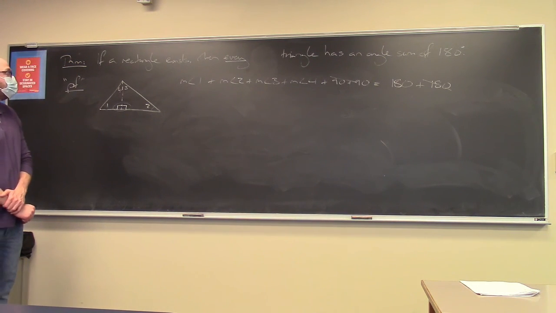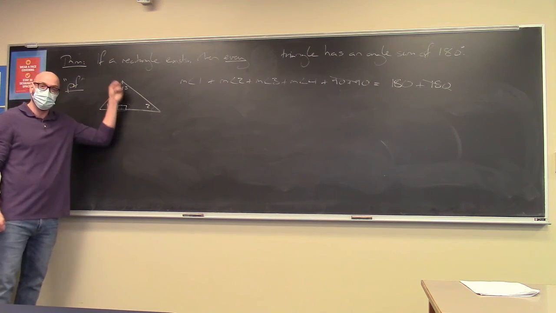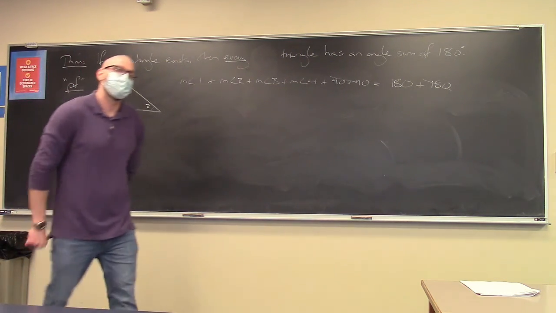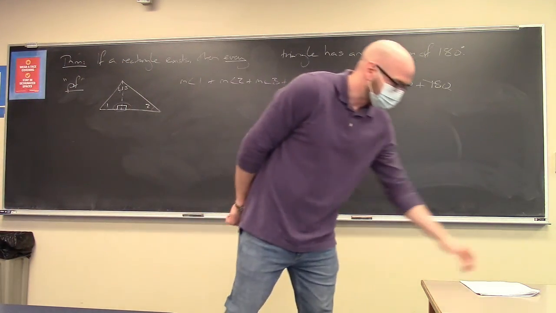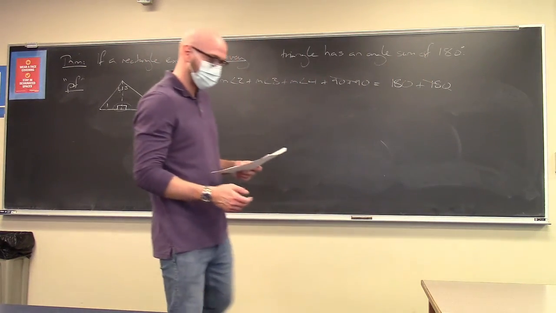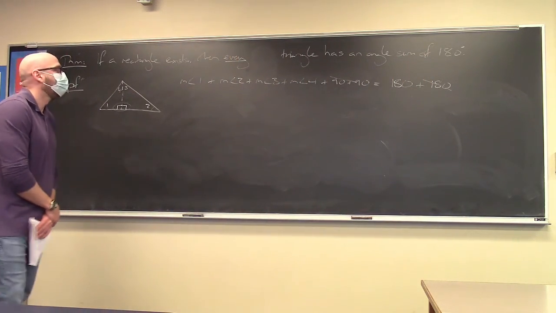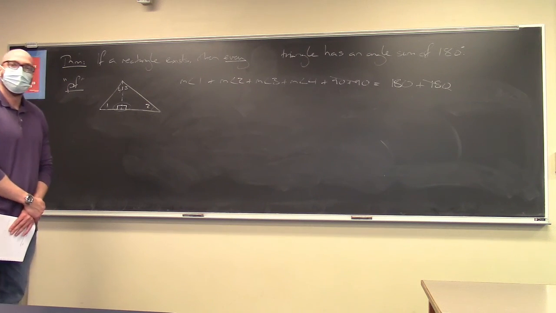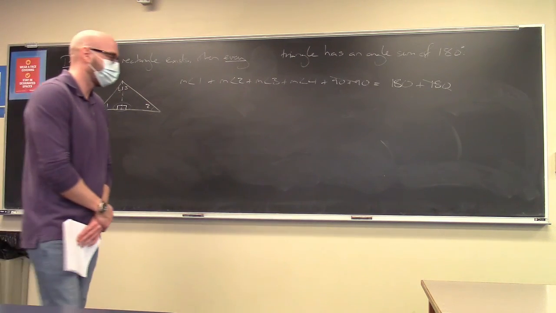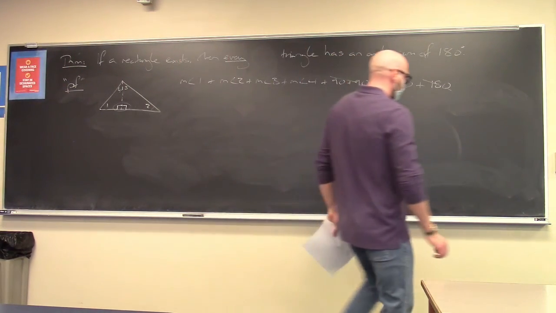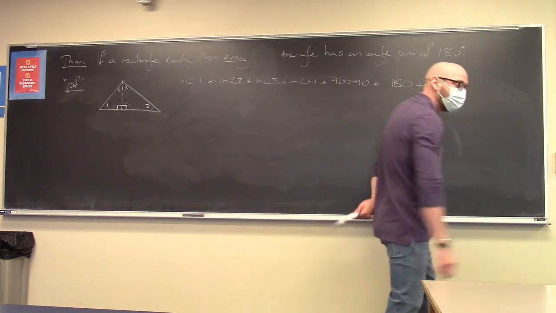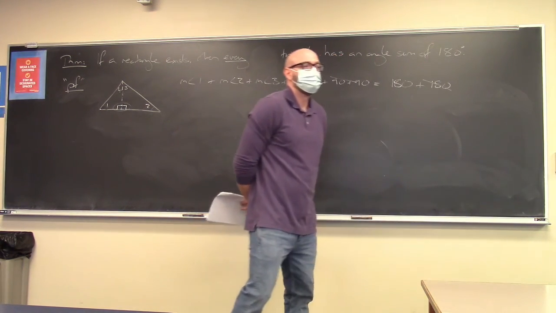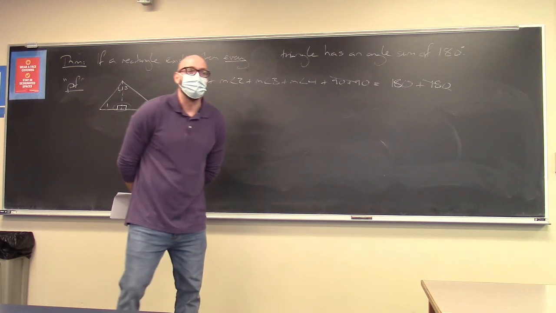Because a rectangle exists, these right triangles have angle sums of 180. Any questions?